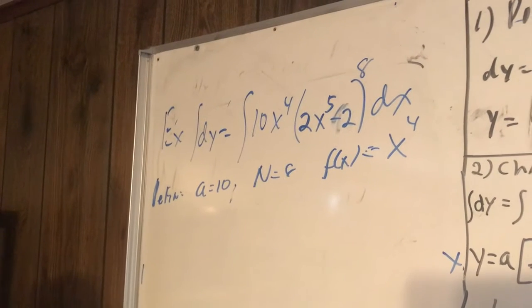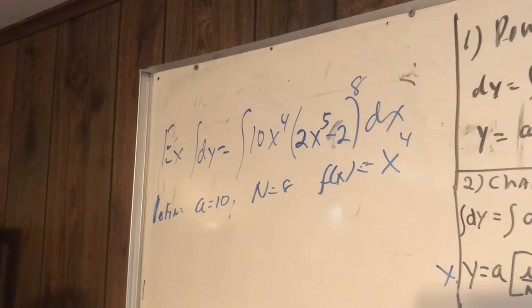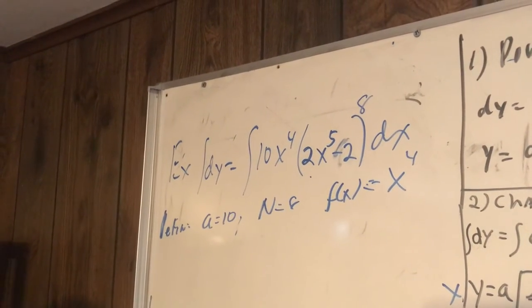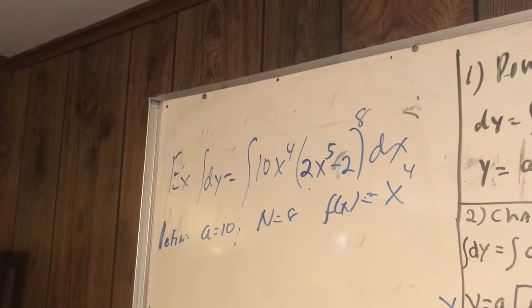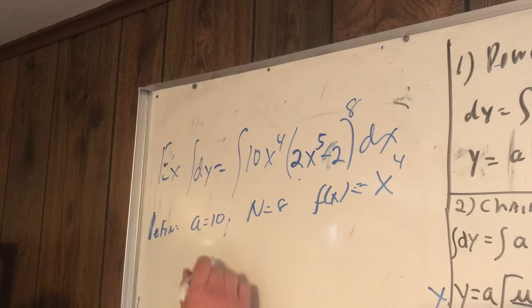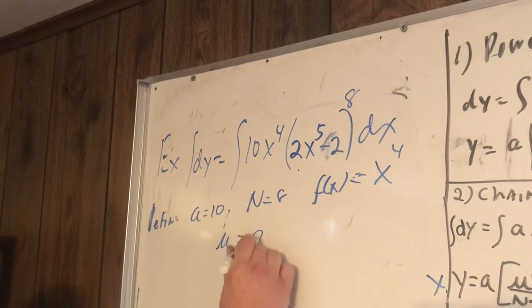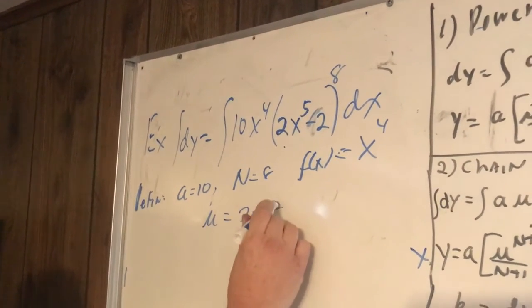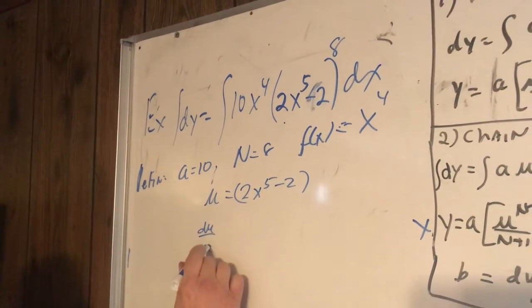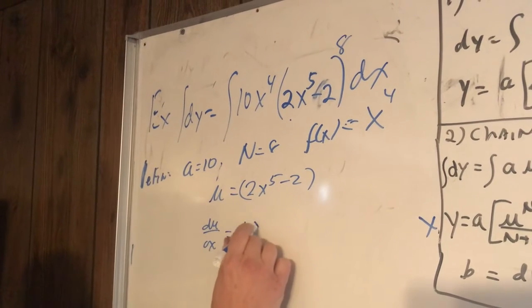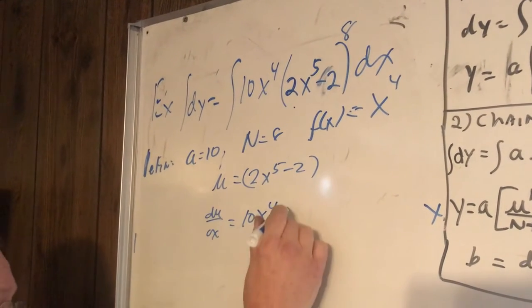I actually can do something slippery here because I have the 2 here, but actually I don't need to do it. So let's not change anything. u equals 2x to the fifth minus 2. du dx equals 10x to the fourth, and that equals b.